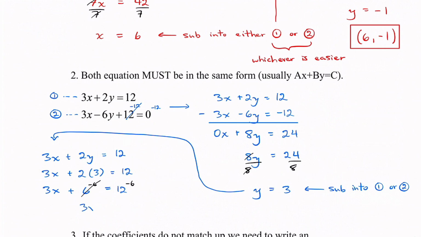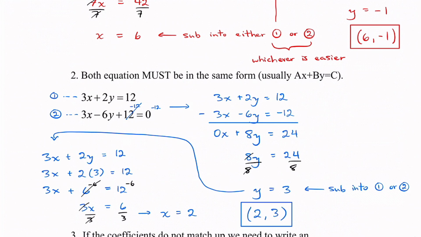And so I just have a 3x on the side equals, on the other side, 12 minus 6 is 6. And then lastly, divide both sides by a 3. These 3's will cancel. And so I get out from this, I have x equals, and then 6 divided by 3 is a 2. So our final answer, we got x was 2 and y is 3. So our answer is 2 and 3.